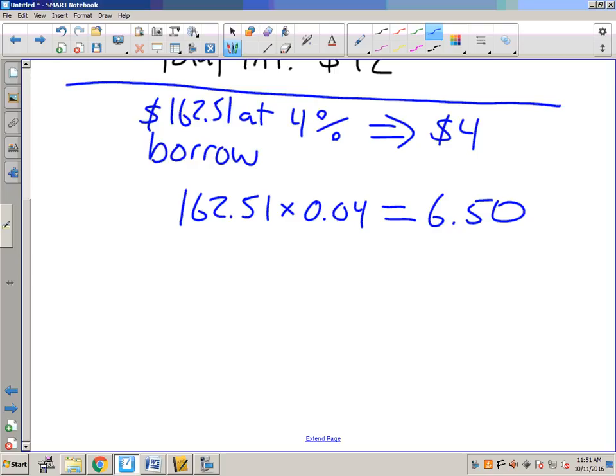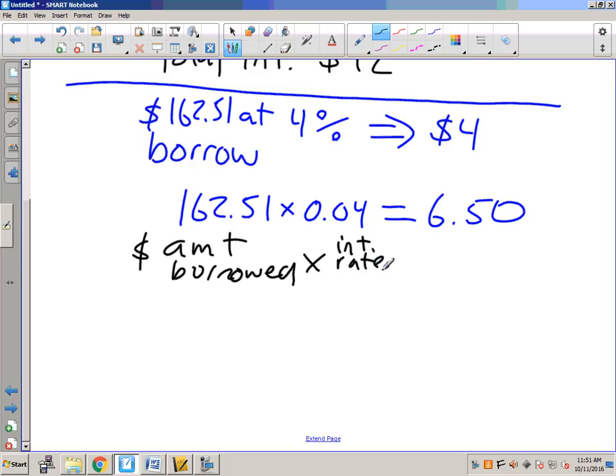All right, so I feel like we understand how interest works. Let's write out our equation. This is the amount borrowed, and that would be money, times 0.04. That's our interest rate, and we're expressing that specifically as a decimal.